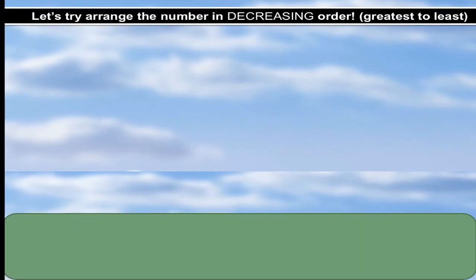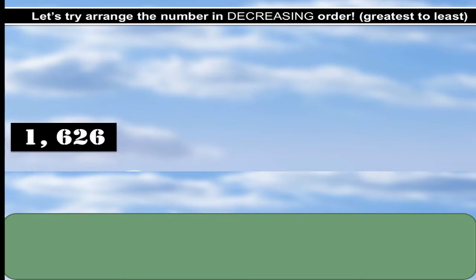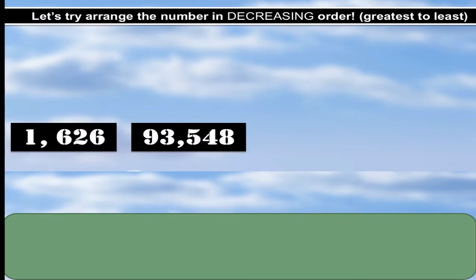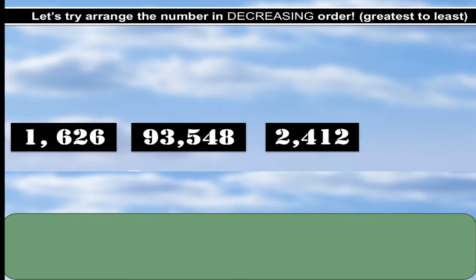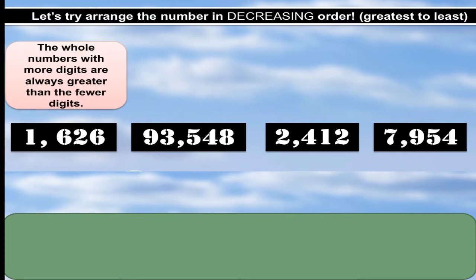Let's again try to arrange these numbers in decreasing order or from greatest to least. We have 1,626, 93,548, 2,412, and 7,954. The whole numbers with more digits are always greater than those with fewer digits.